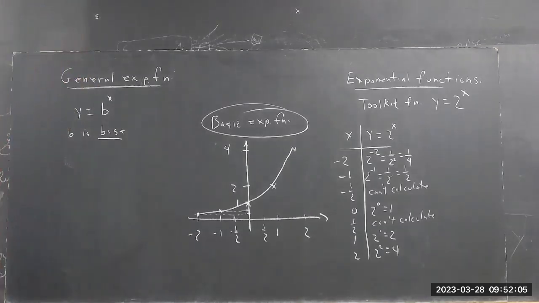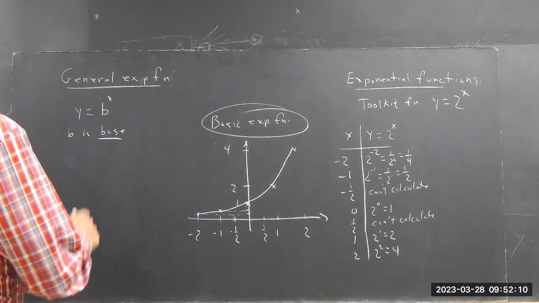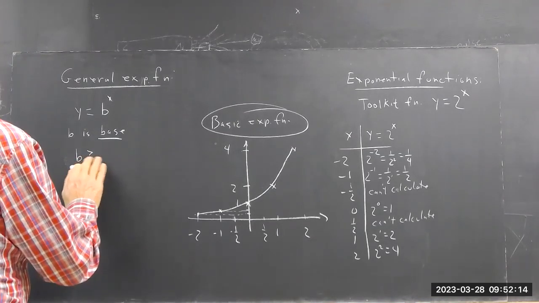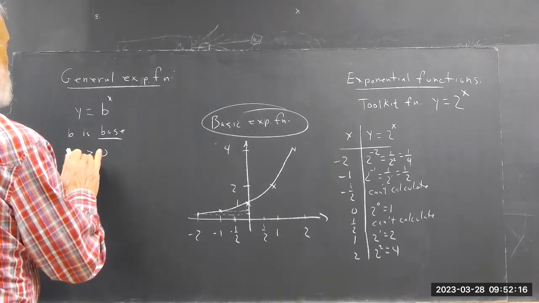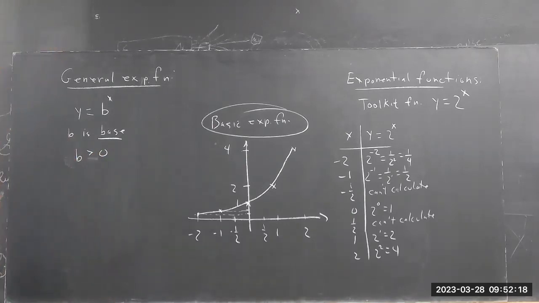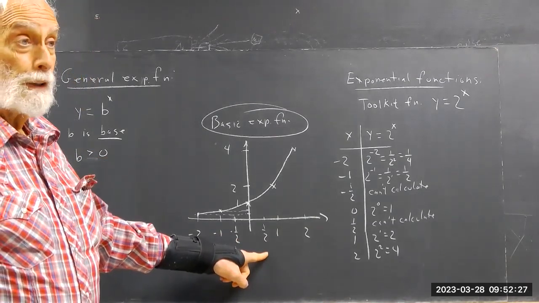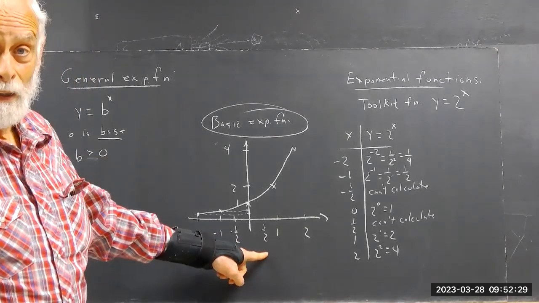b is the base. B has to be greater than 0. Okay, because x can be 1/2. Just because you can't calculate it doesn't mean it can't be 1/2.